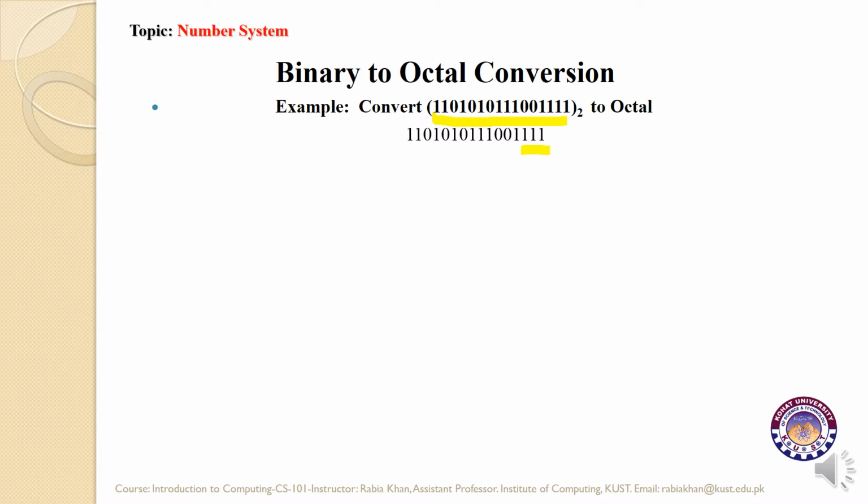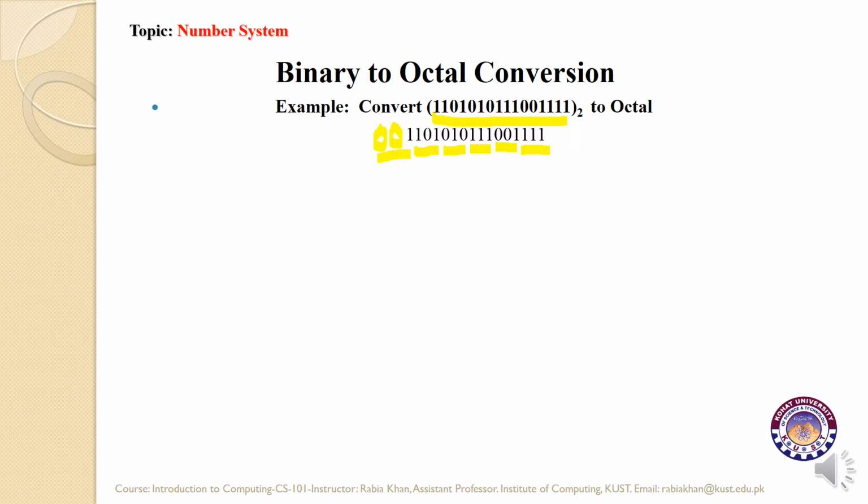These three are one group, 1 0 0 second group, 1 1 1 third group, 0 1 0 fourth group, 1 0 1 fifth group, and 1 is left out alone. So this 1 towards the very left will be added with 2 zeros, so its group will be completed.